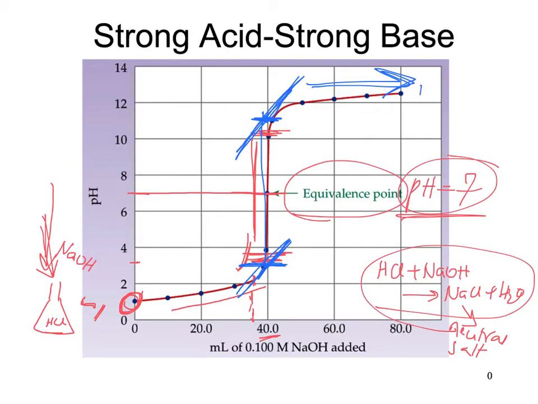So any added sodium hydroxide here is going to just completely remain dissociated to give you Na plus and OH minus. And so the exact shape of the pH curve that you get is going to be dependent on several factors, including the concentration, the strength of the acid, etc.